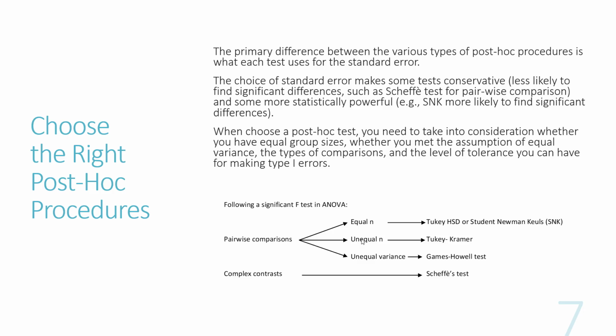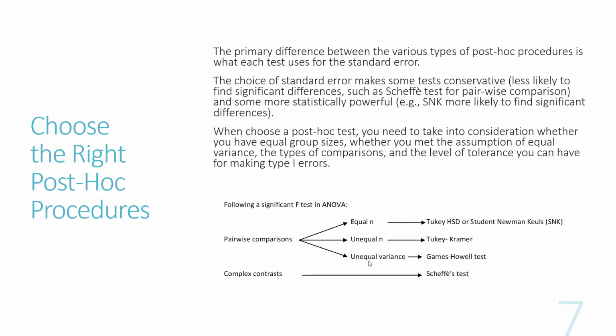That's why it's also called the honestly significant differences test. Whereas the SNK test has a greater chance of identifying significant differences, but at the cost of a higher type 1 error rate, often going beyond the alpha level you specified.